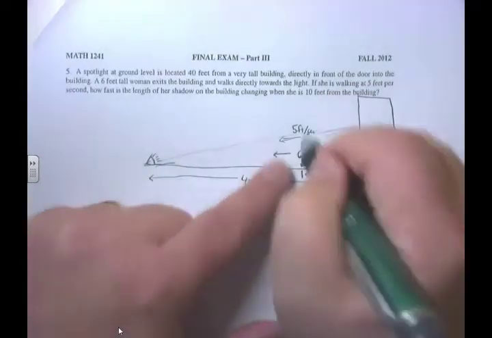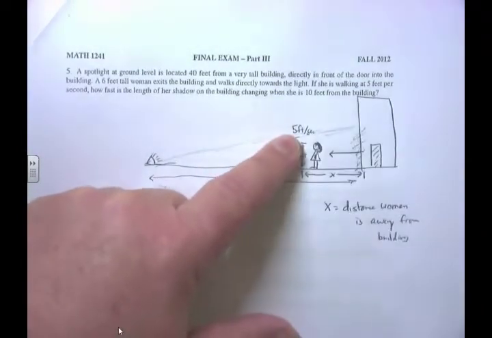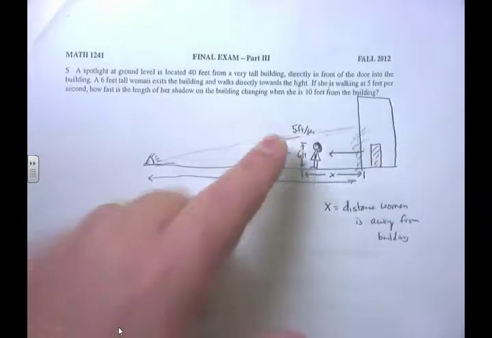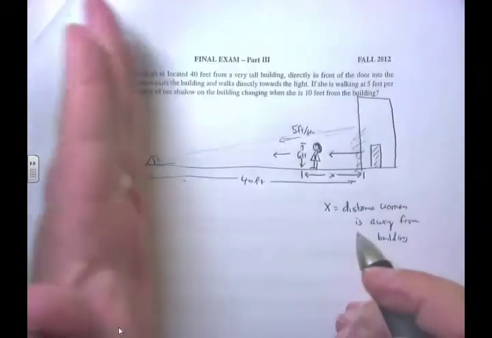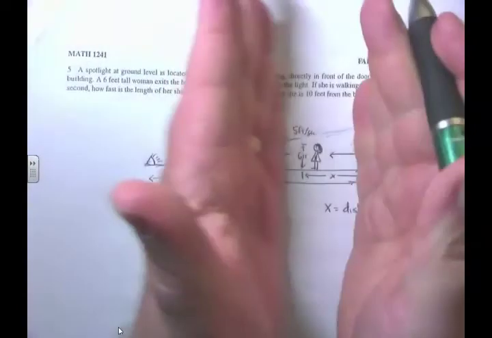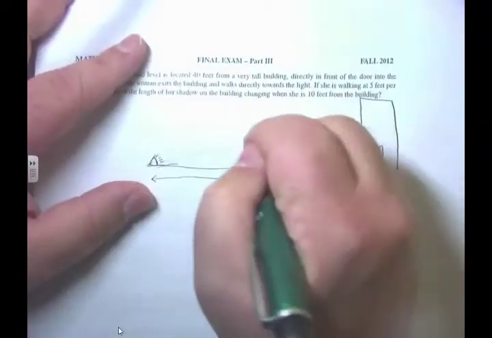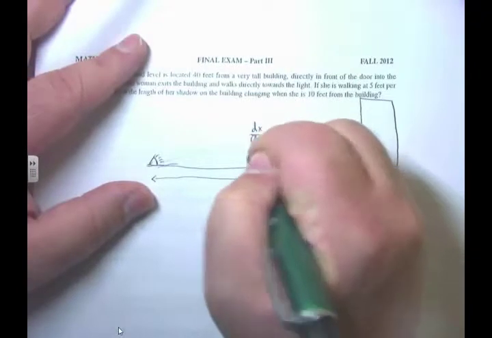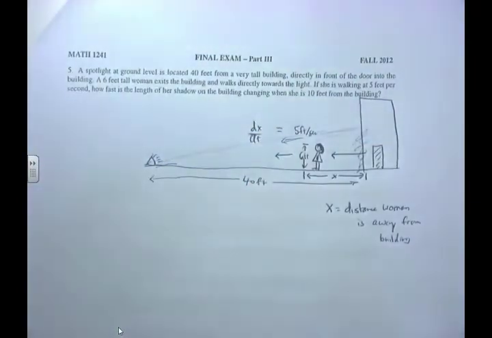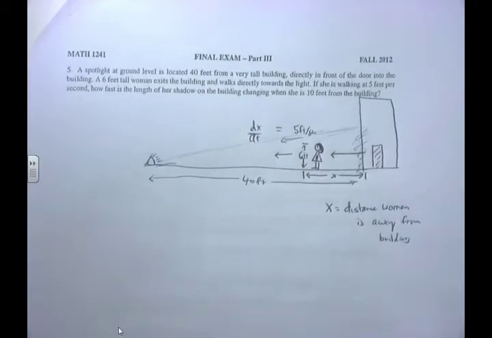So if this is X right in here, what is this 5 feet per second? Notice the units. What is it? It's dx over dt. That's how fast she's walking away from the building. That's how fast X would be changing. Does that make sense? That makes dx over dt equal to 5 feet per second. Does that make sense? Did I lose you guys anywhere on this?